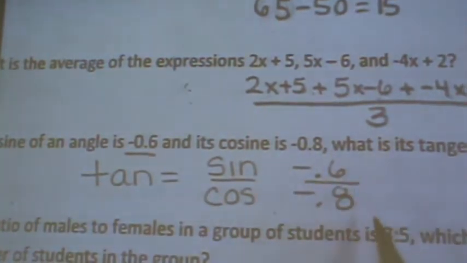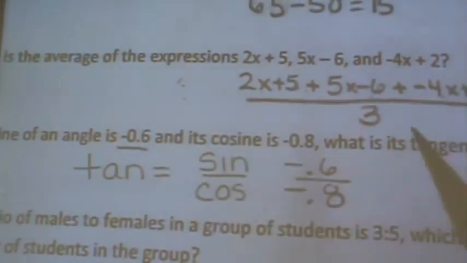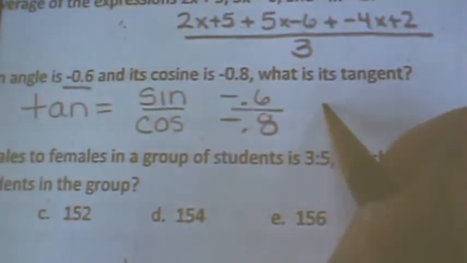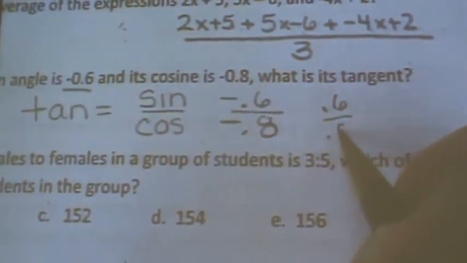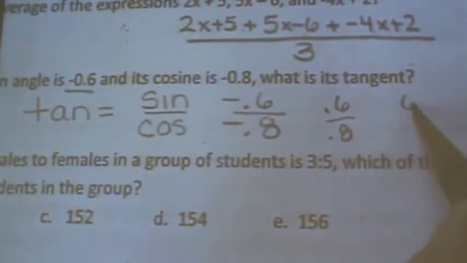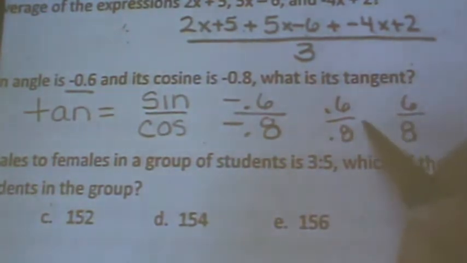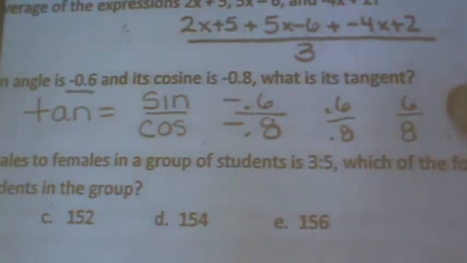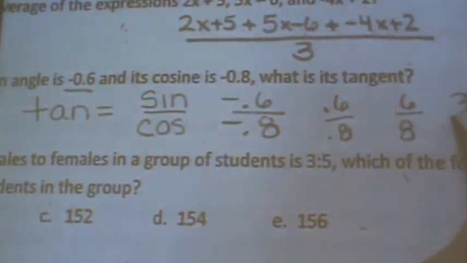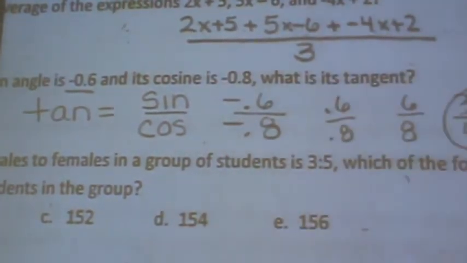How do you simplify this fraction? What happens to the negatives? They cancel. Move the decimal over, 6/8. So in other words, multiply top and bottom by 10. And can you reduce this? Reduce them by 2, what do you get? 3/4 is your answer.